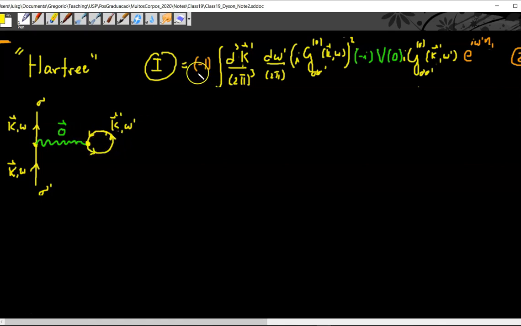There's this -1 coming from the loop. And since this is an interacting line propagating in the same time, and here too, this is an important point. We have to add this e^{i omega prime eta}, since this is an equal time propagation, especially here. So e^{i omega prime eta}.